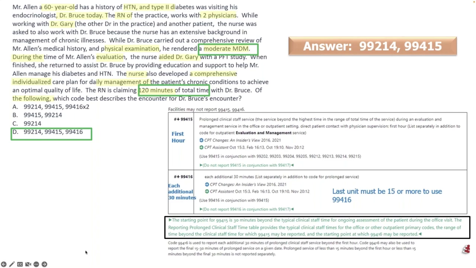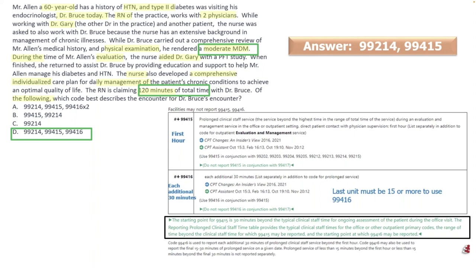While we're letting that get adjusted, I know some of you are like, what did Mrs. J just do? Well, I tried to show you that you cannot code from the code series without knowing the typical time.